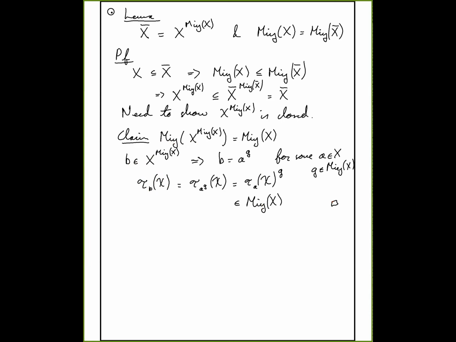Excellent. So now I have this little claim, so that's the proof of my claim, and now to finish this proof, this here is closed under its Miyamoto group.